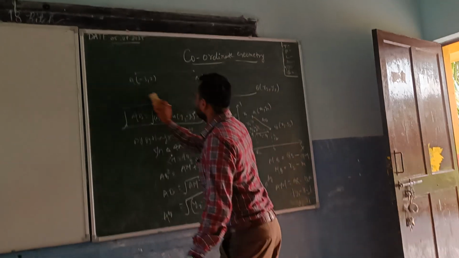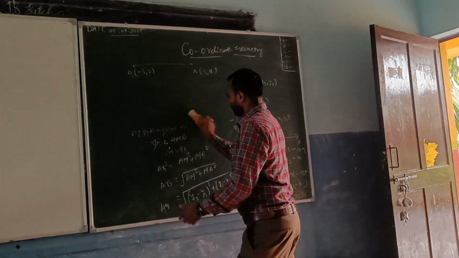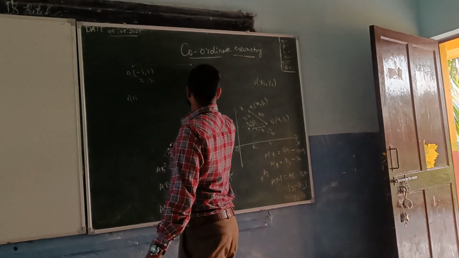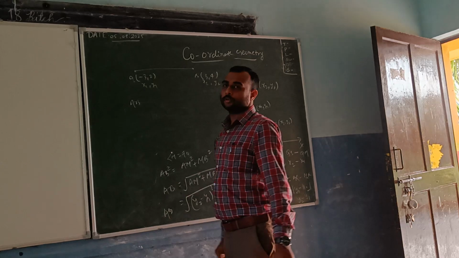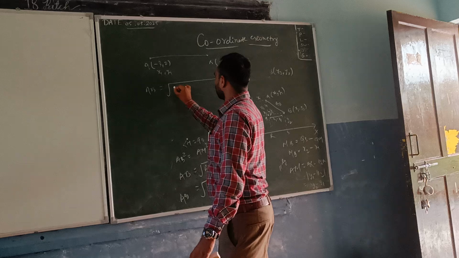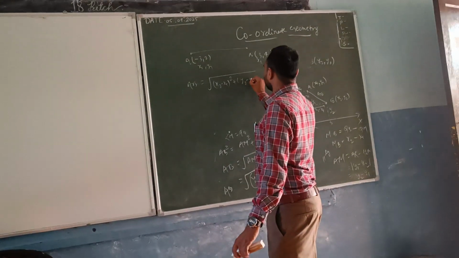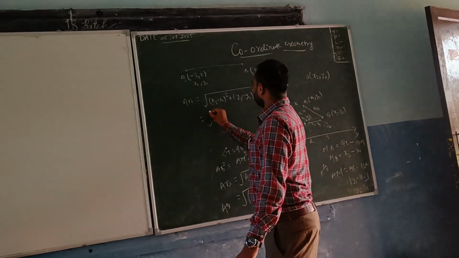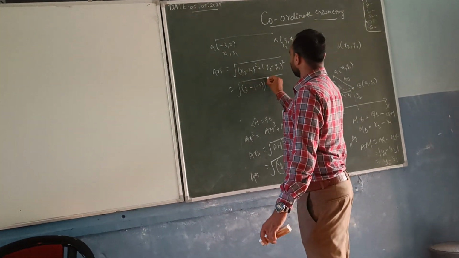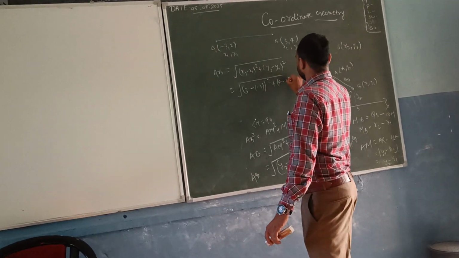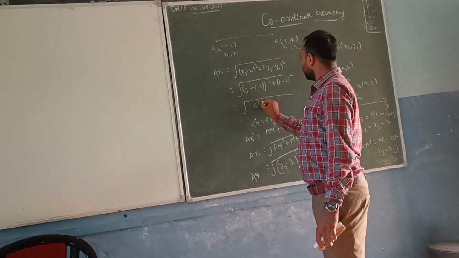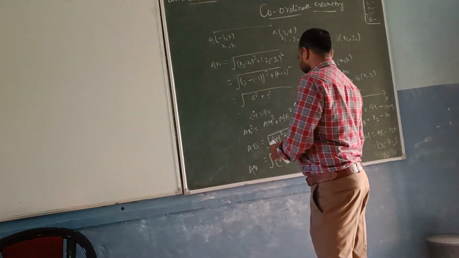Let us take a few minutes to solve this using the formula. Take A as x1, y1 and B as x2, y2. So the value of AB will be under root x2 minus x1 whole square plus y2 minus y1 whole square. That is under root 3 minus of minus 3 whole square plus 4 minus 2 whole square. So 3 plus 3 is 6 square and 4 minus 2 is 2 square.